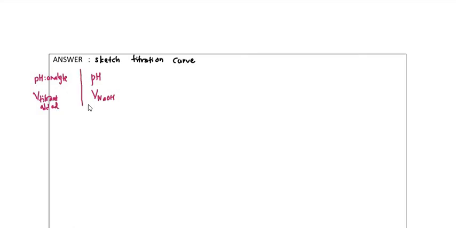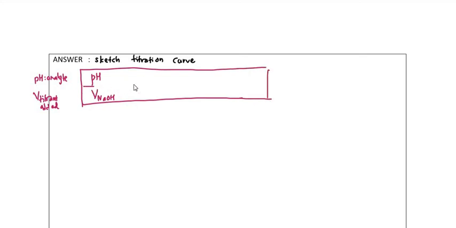For the first question, part A, before adding NaOH, the volume is 0.00, 2 decimal places because it comes from the burette reading.